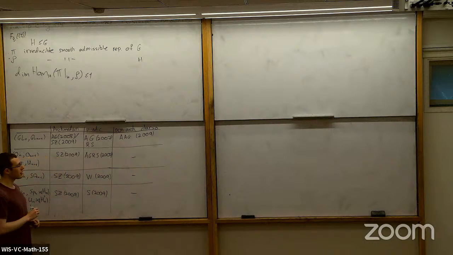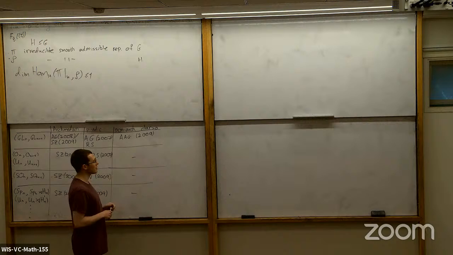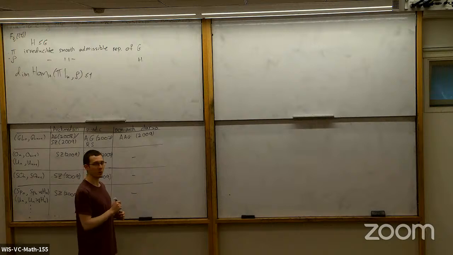And in the project I'll not talk about all of these things, but at least I hope that I succeeded to prove all of these in the positive characteristic case, but only when the characteristic is different than 2, so odd characteristic.